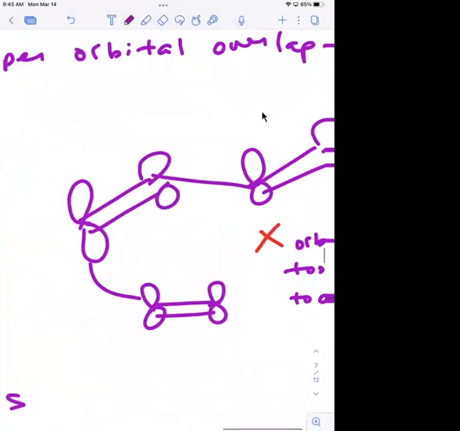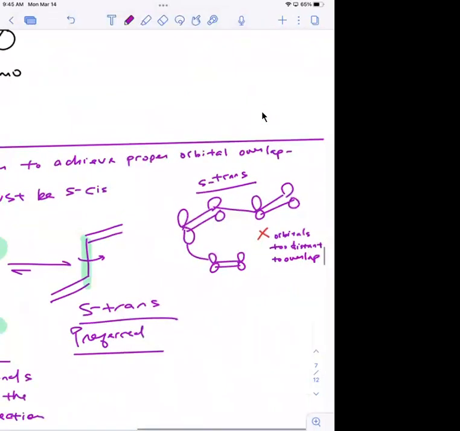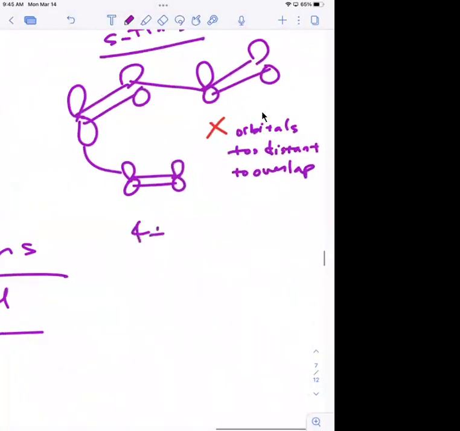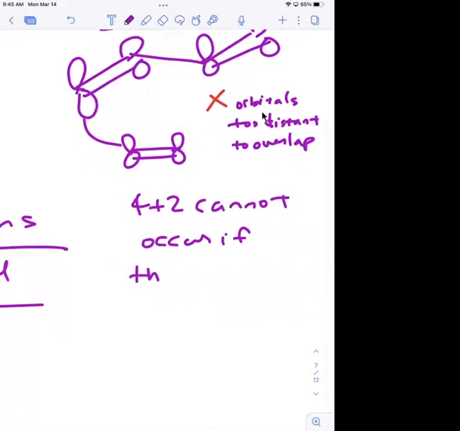I'm going to write that in here. So a 4 plus 2 can't occur if the diene is S-trans.